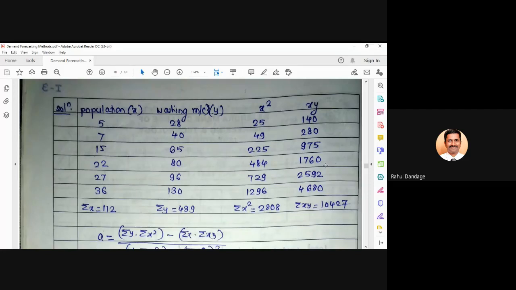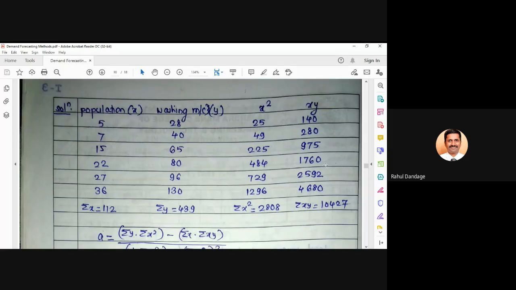Enter that into the X square column, and the product of column 1 and 2, that is X and Y, should be in the last column, that is XY. Once you have the X square and XY columns ready, take the summation for the columns and please check the values mentioned in the last row of your table.